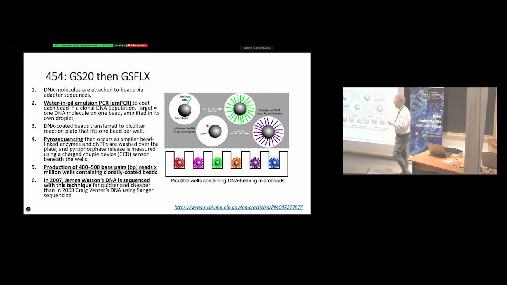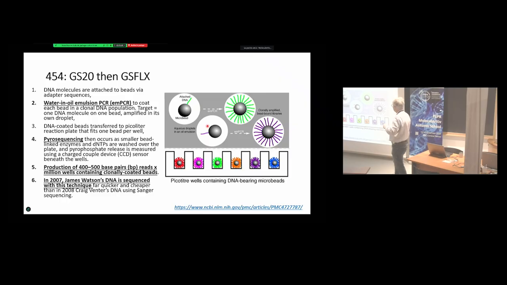And the general idea is to prepare a sort of mayonnaise in which you will have an oil that will cover tons of multiple droplets of aqueous solution, in which you can have the DNA that interests you, the microbeads on which the DNA is attached, the enzymes that are necessary for allowing the amplification, and the dNTPs to allow also this amplification.